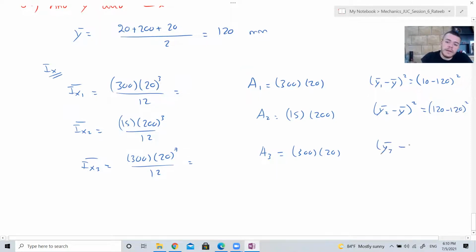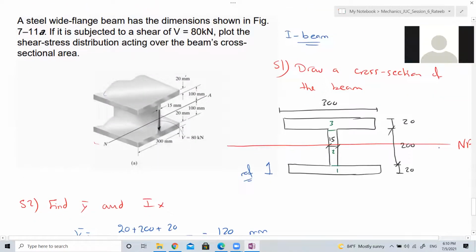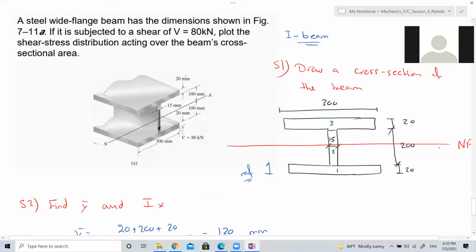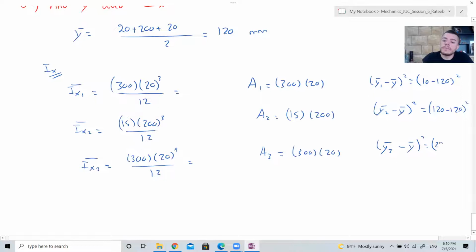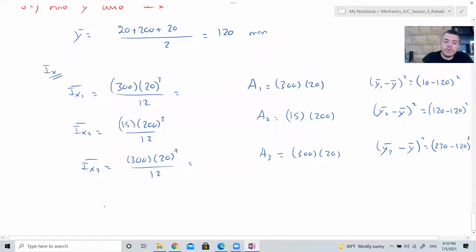And y3 bar minus y bar. What's y3 bar? It's not 10. It's 20 plus 200 plus 10, because it is measured from here down. So 230 minus 120 squared.